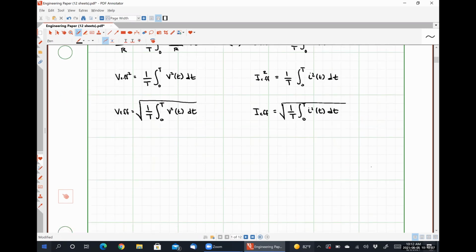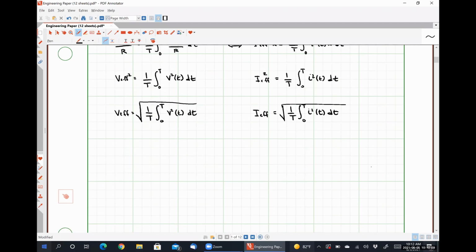All right, so let's say that I have the following time domain voltage signal. Start with something I think is pretty easy. This will be t measured in seconds.